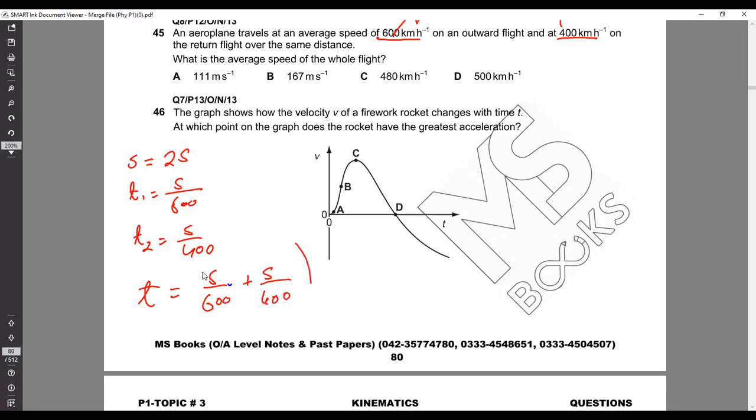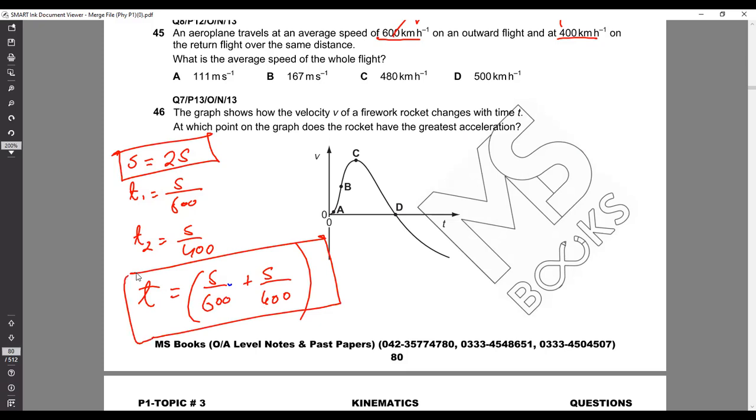That's the total time, and that's the total distance. Just use these two values to check what answer you get. Can you do that? Okay, so try to work it out.